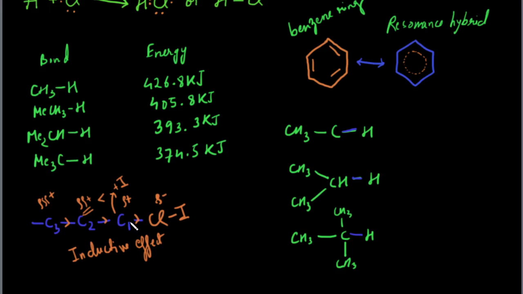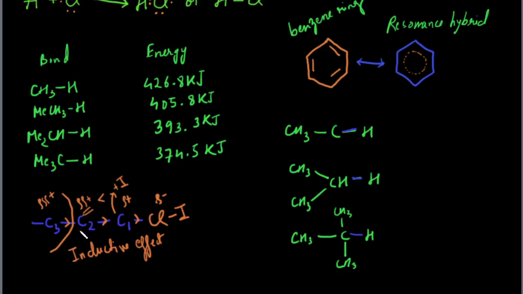It is permanent and decreases rapidly as the distance from the source increases. So as the distance increases, the effect also decreases. From the practical point of view, it may be ignored after the second carbon atom.